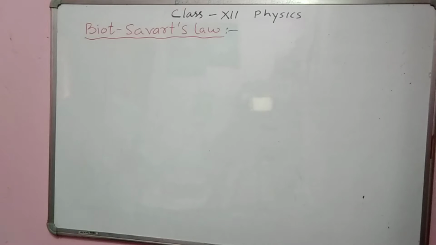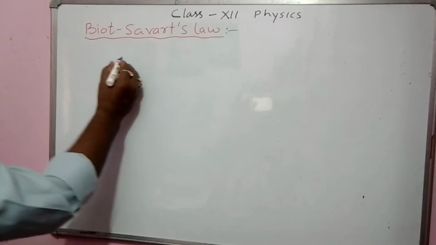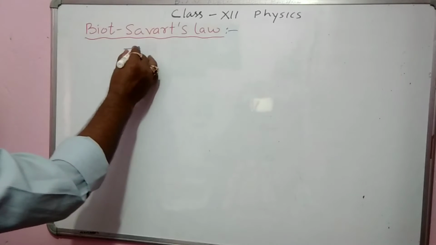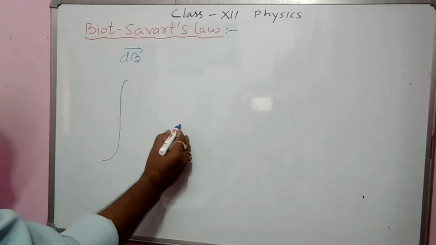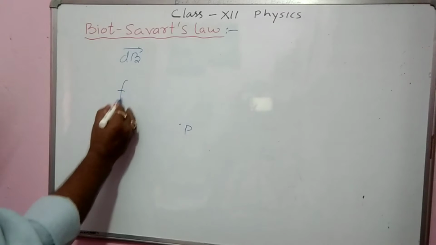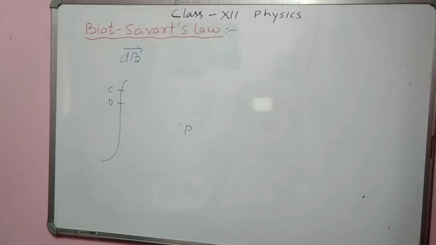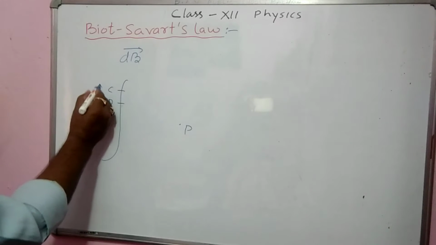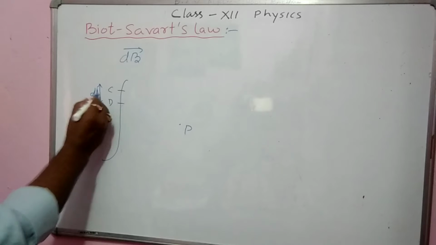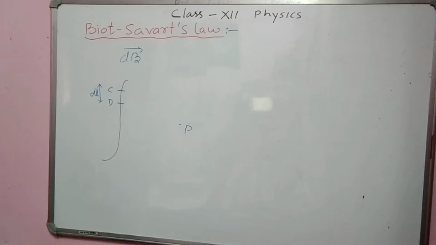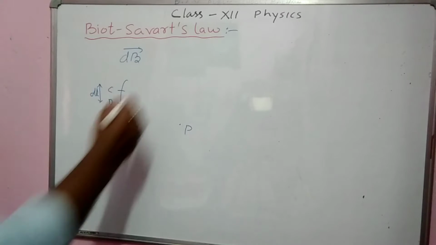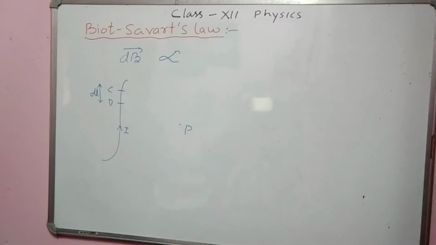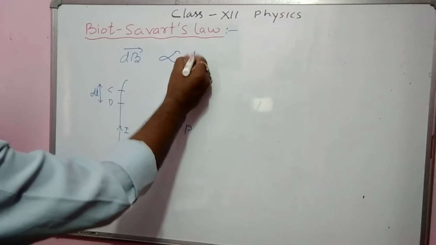It is experimentally determined by Biot and Savart that the magnetic field dB at a point P due to the current element of length dl carrying current I is directly proportional to the strength of the current.